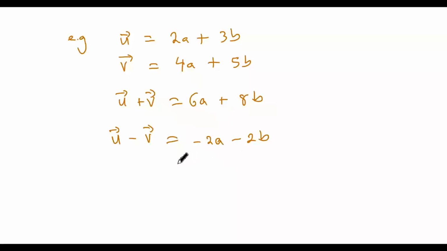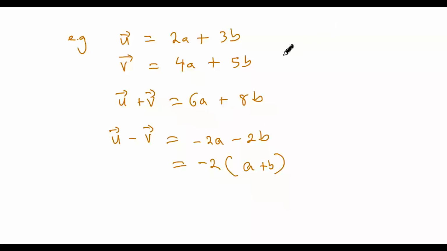Then you may want to factor out negative 2 here, so you have negative 2 into a add b. So this is how you add or subtract vectors.